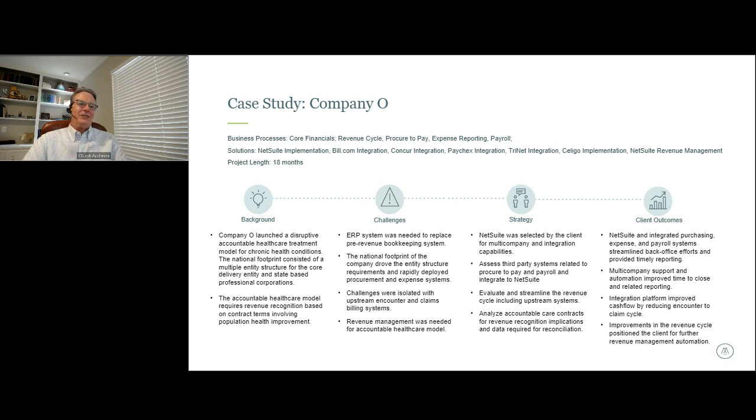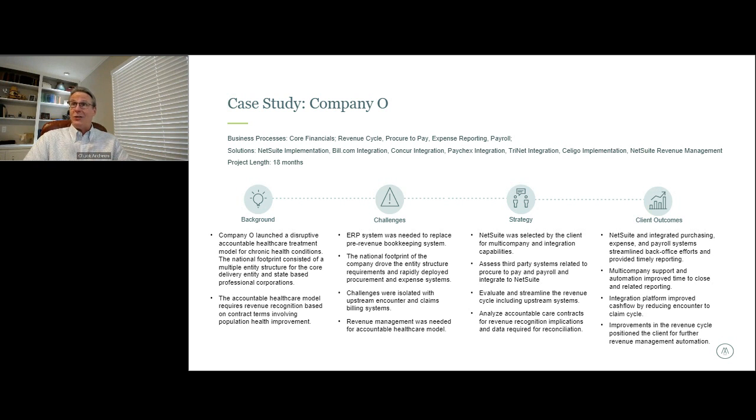There was a billing system, because even though this was accountable healthcare, they're still living in a fee-for-service world. So there was an encounter system, a billing system. And those two systems weren't talking to each other. So originally our charter was, can you get data from our billing system into NetSuite so that we're able to record the revenue and also manage the revenue?